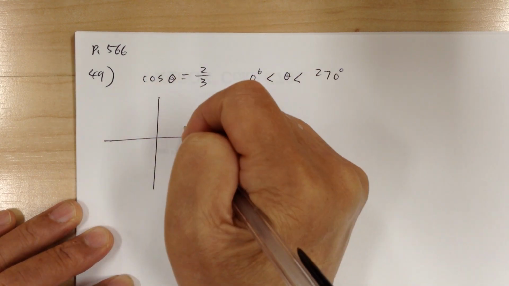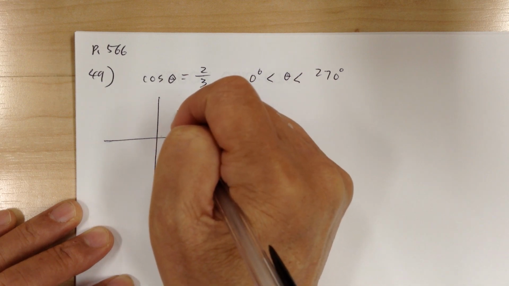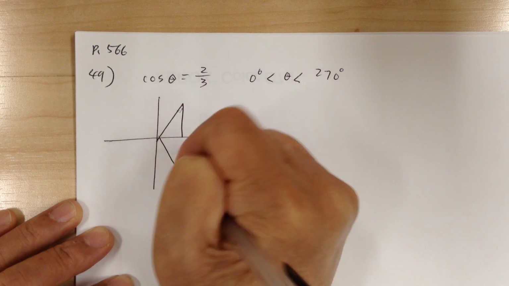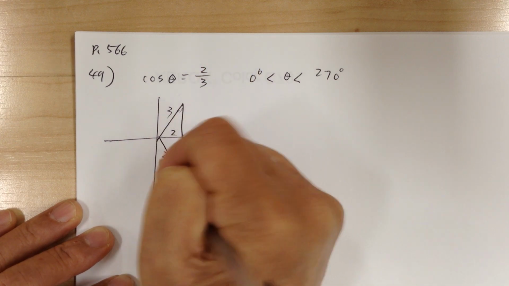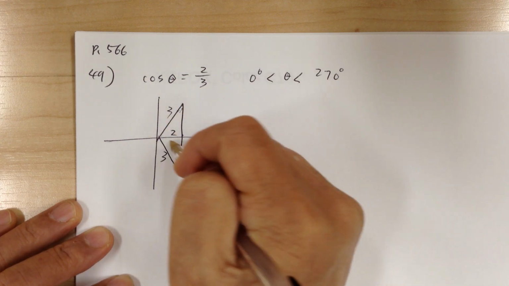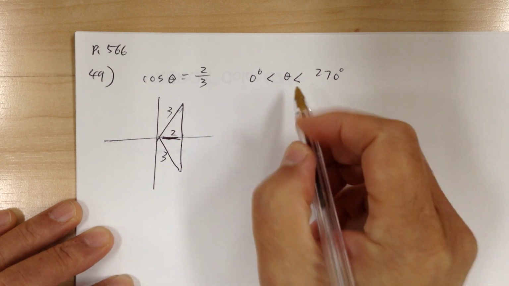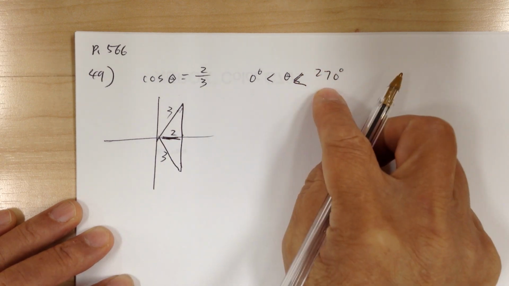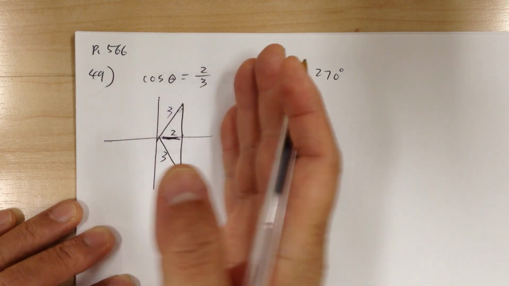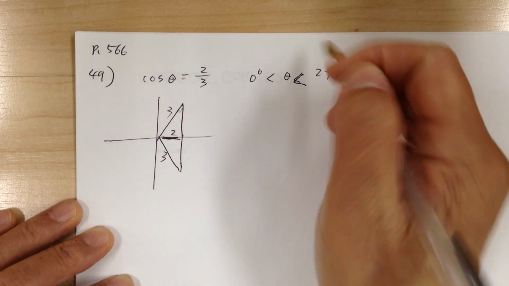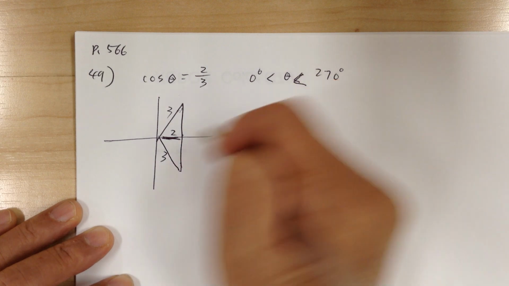Cosine is positive, so you've got 2 choices, here and here, so it's 2 over 3, 2 over 3. That's your cosine, both are positive. Next you have to use the next information to narrow it down. You start with 4 quadrants, use one piece of information to narrow down to 2, and use the next one. So these are between 0 and 270.